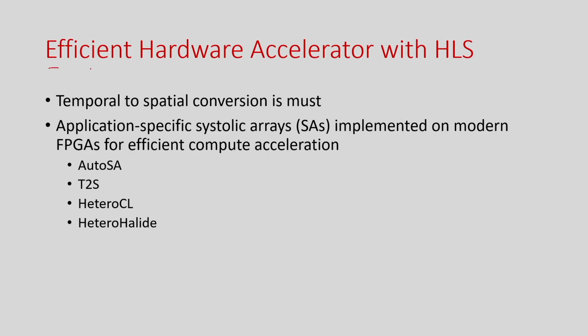So, for efficient hardware accelerator generation, that is a must, right. You have to somehow parallelize your input behavior, and that is what is known as temporal to spatial conversion. Spatial means parallelized, or it is also some form of systolic array generation, right. So, you have an application, you try to parallelize, you find some basic unit component there, and you try to execute those components in parallel, right.